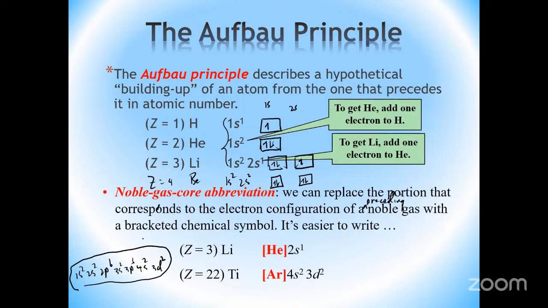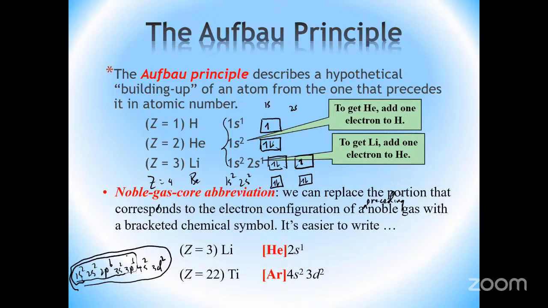Now, if I were to determine the abbreviated version, I would identify the part of the electron configuration that is the same as the electronic configuration of the preceding noble element, which is argon. Argon has an atomic number of 18, so this part here would be identical to the electronic configuration of argon.